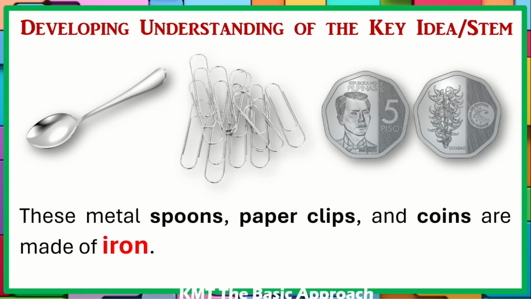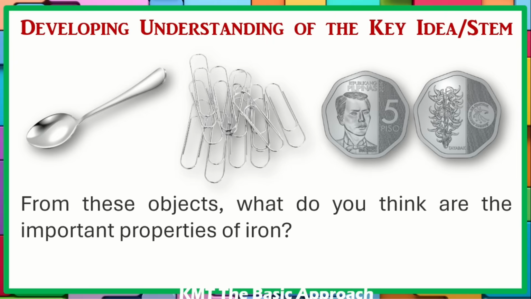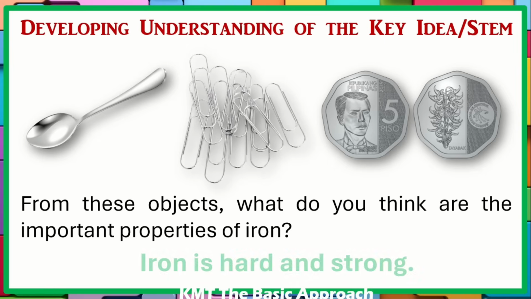These metal spoons, paper clips, and coins are made of iron. From these objects, what do you think are the important properties of iron? Good job!